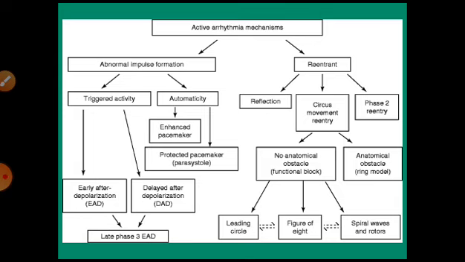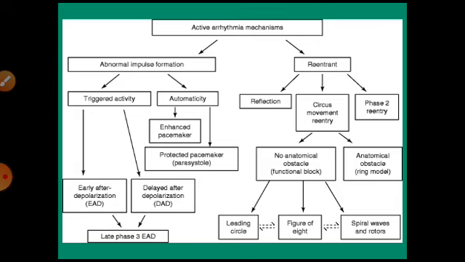If the impulse formations are abnormal, then they will create certain arrhythmic conditions. If the abnormal impulse formation happens, then it can be of two categories. Maybe the impulse formation is having a triggered activity, or maybe having increased automaticity.